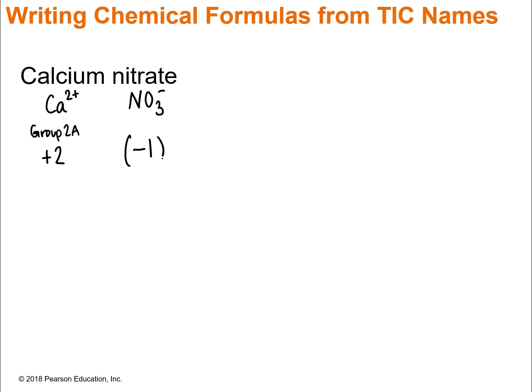So our lowest common denominator here is 2. So you're going to have 2 nitrates. The way that you write this is the calcium, and then in parentheses, you write the nitrate, NO3, and outside of that parentheses, you're going to put how many you have, which is 2.